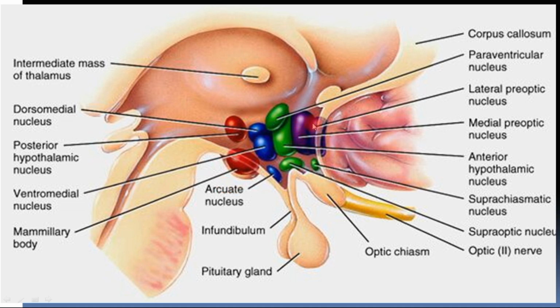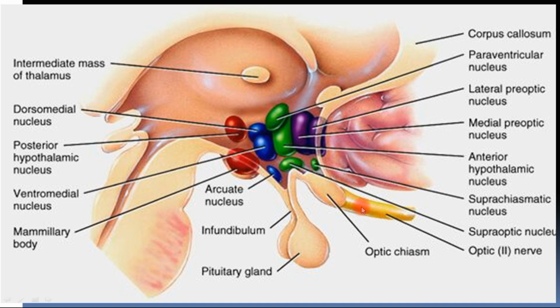Anteriorly there is the preoptic region, and there are two nuclei in the preoptic region, that is the lateral preoptic nucleus here and the medial preoptic nucleus beside it.